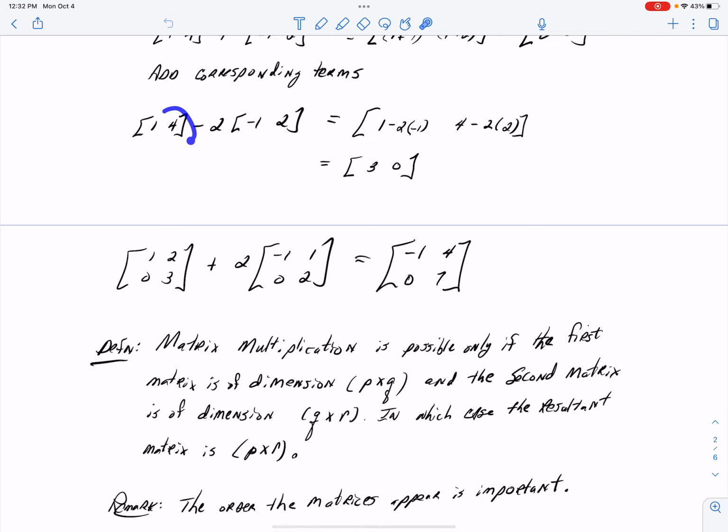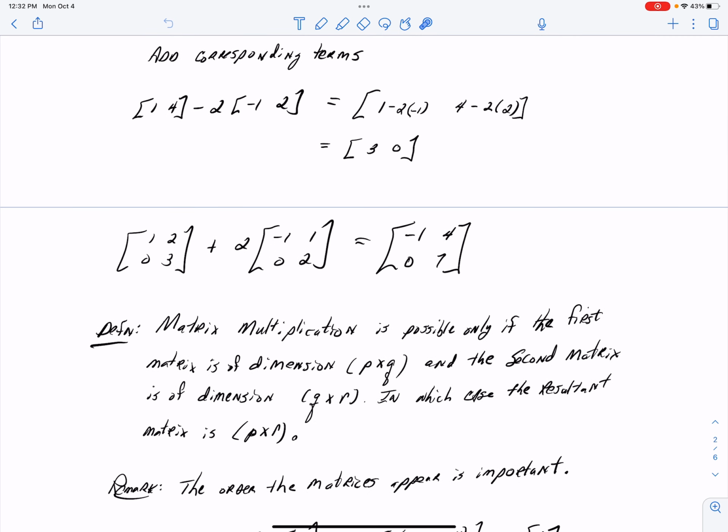And then you take the 4 and add the minus 2 times 2. And when you do that, you get the matrix 3, 0. So how do you add corresponding matrices? The answer is you add each component.